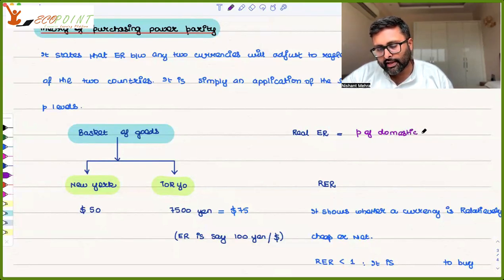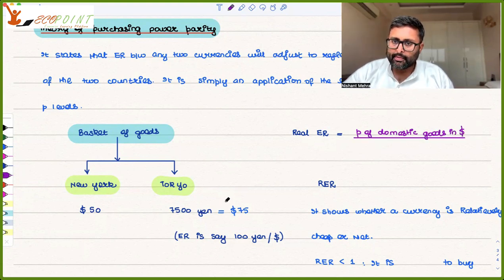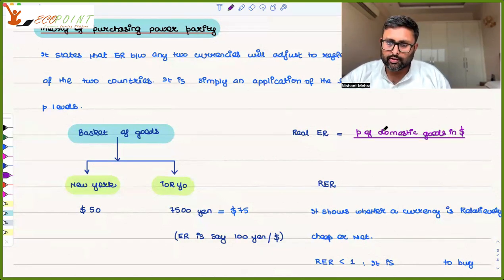in dollars. Supposedly, if US is the domestic economy, and foreign goods are going to be in Japanese yen, but you will convert those foreign goods into US dollars. You can do that in yen also, but in that case, you will have to convert domestic goods into yen.